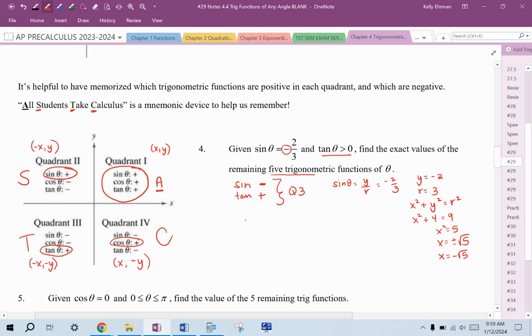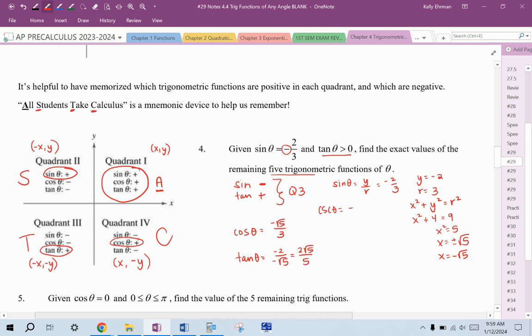So now I just need to find the rest of the trig functions. They gave me sine. Cosine theta is x over r. So x is negative radical 5, excuse me, over 3. Tangent is y over x. The negatives will divide out to positive, as they should. We should be positive in quadrant 3. And we're going to rationalize 2 radical 5 over 5. Cosecant theta is the reciprocal of sine.